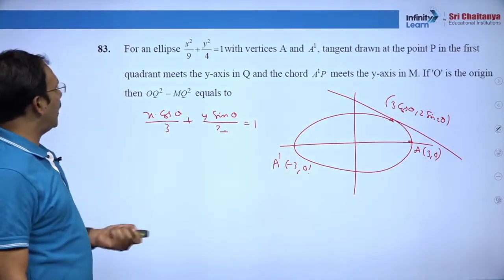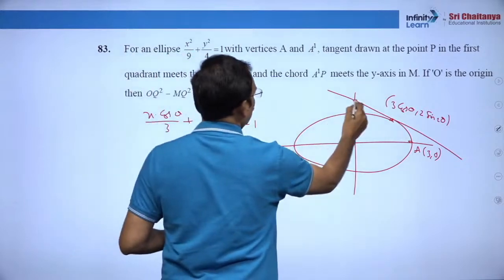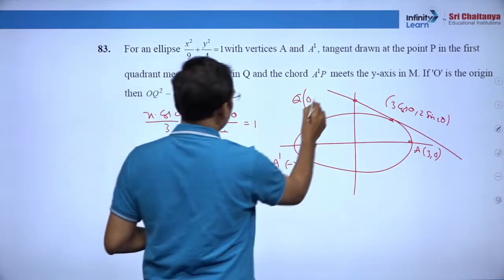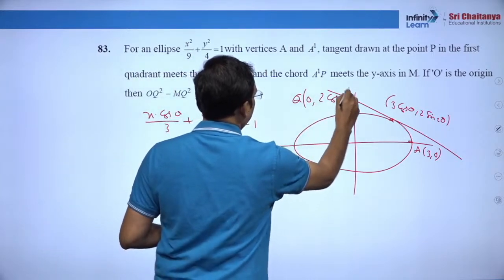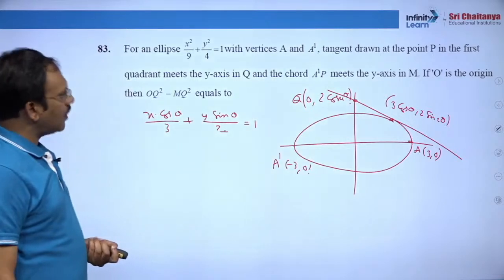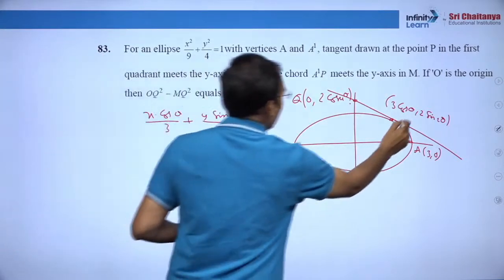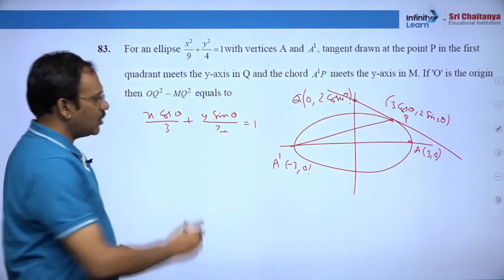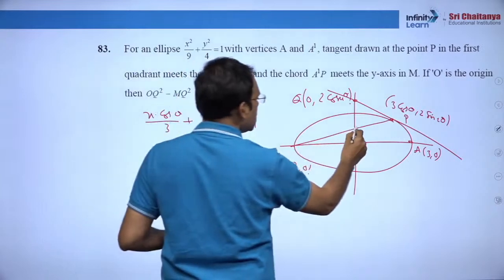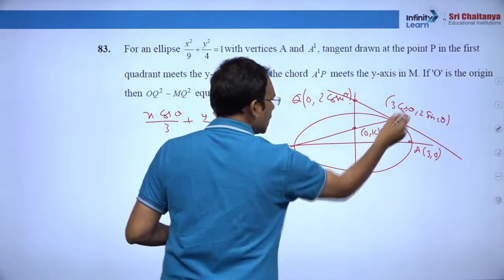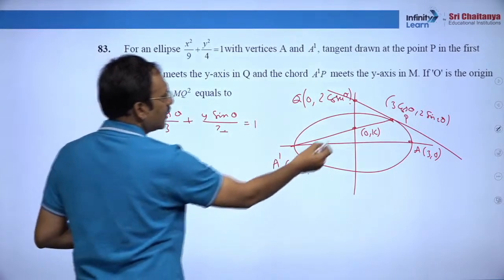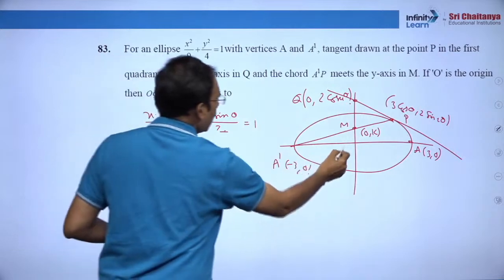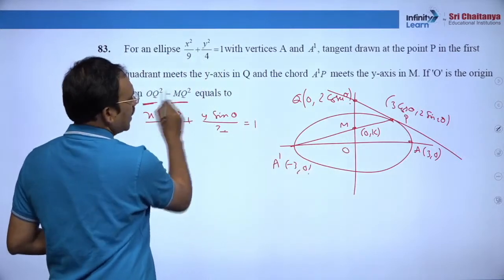You can find where this tangent meets the y axis at Q. So, this is going to be, put x coordinate 0, y coordinate is going to be 2 cosecant theta. Right. Now a chord joining A dash and P. You know P point, A dash point, you just find it, and suppose this is 0 comma k, you just apply the collinearity condition, you will get this point, it is called M. You just find M. Now he is asking, this is origin O, OQ square minus MQ square.